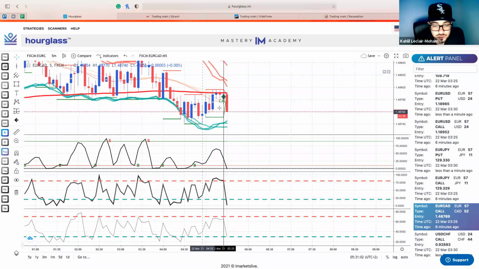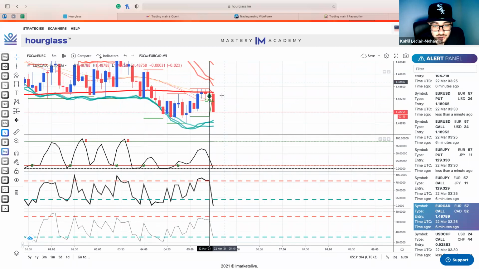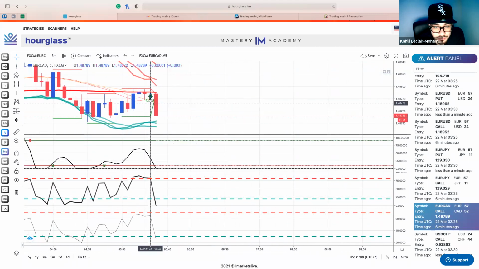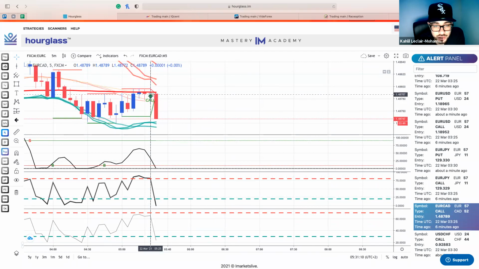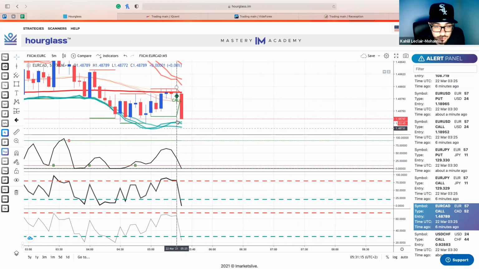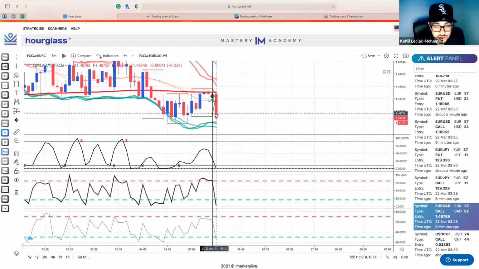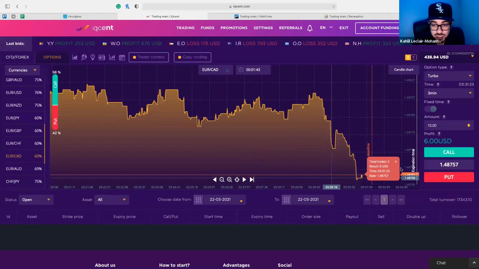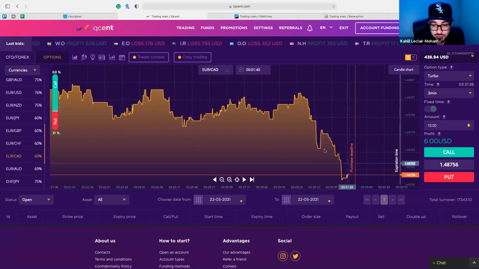So, in this situation, price tested this area and then came right back up. But the indicators were facing down. So yes, price came down, but it didn't necessarily just stay down like that.